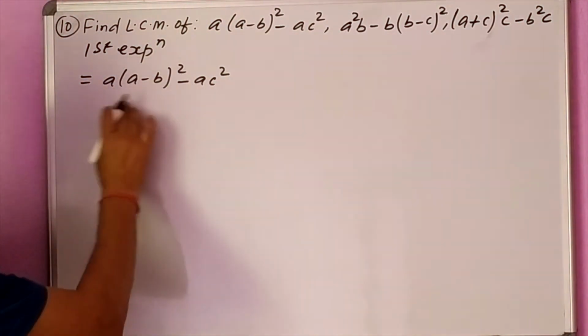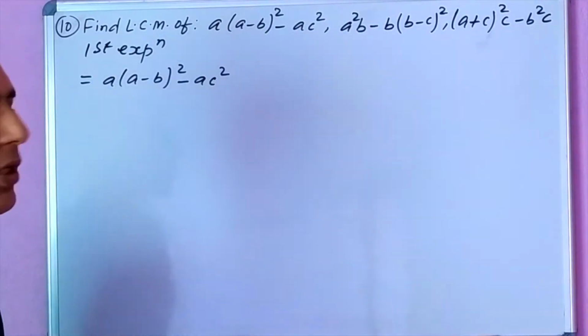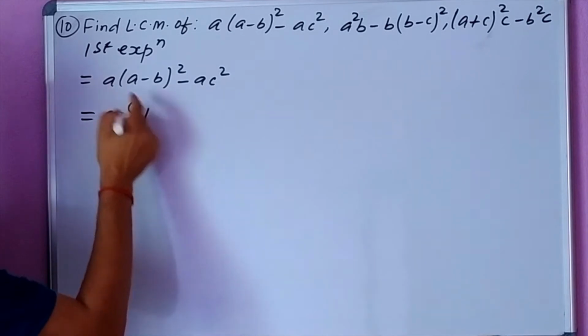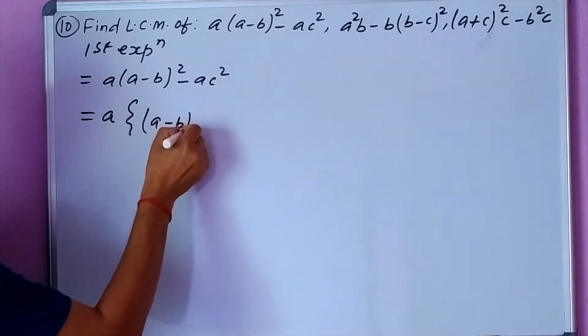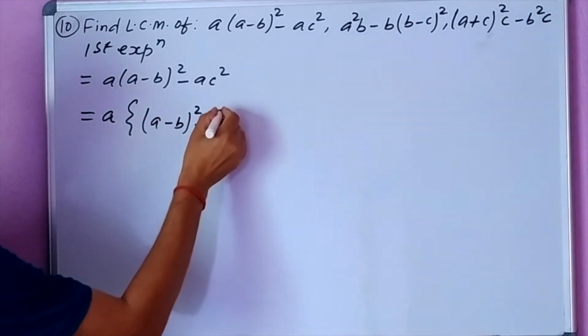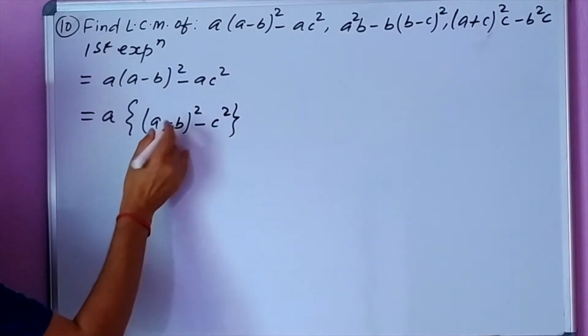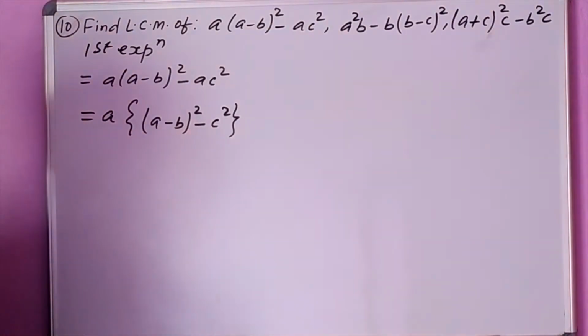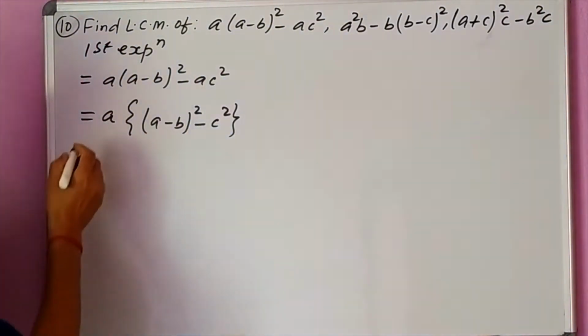You can see we can take a common in these two terms. So if you take a common directly, what will be remaining? Here (a minus b) whole square, and there c square. So supposing this a minus b as a and c as b, we can use the formula of a square minus b square.